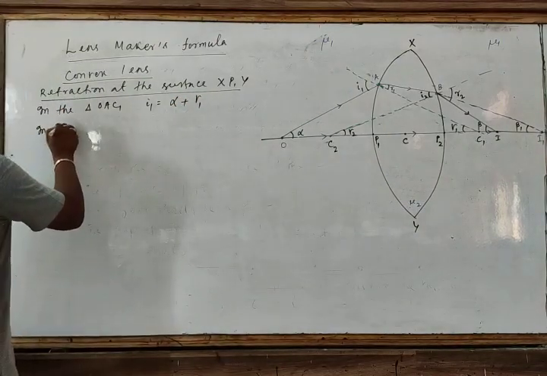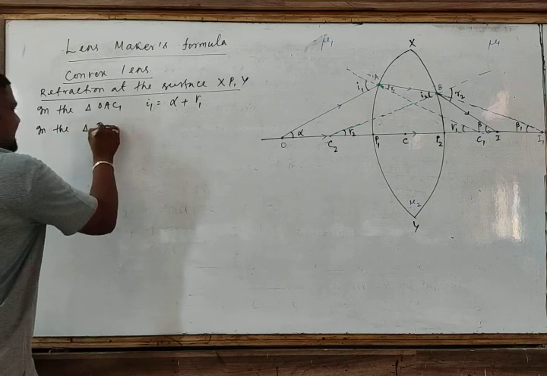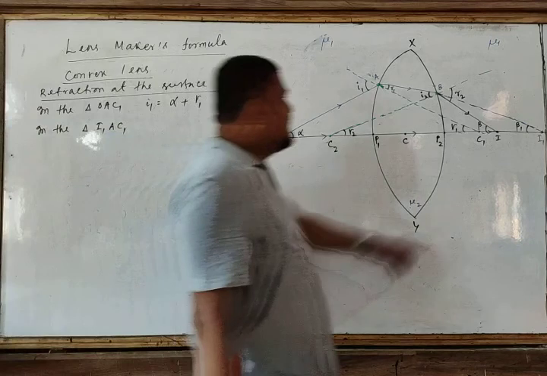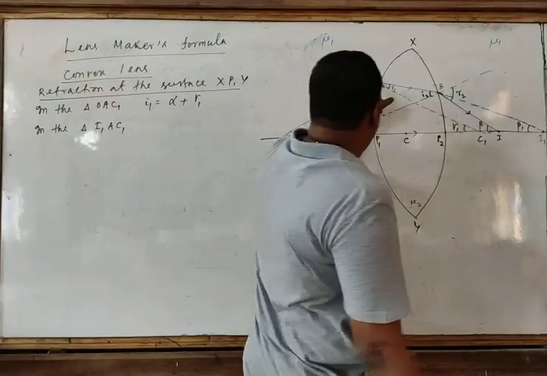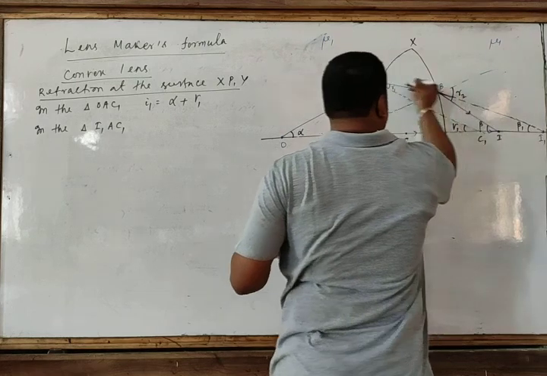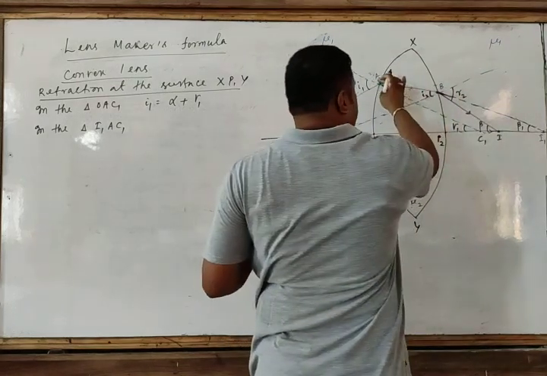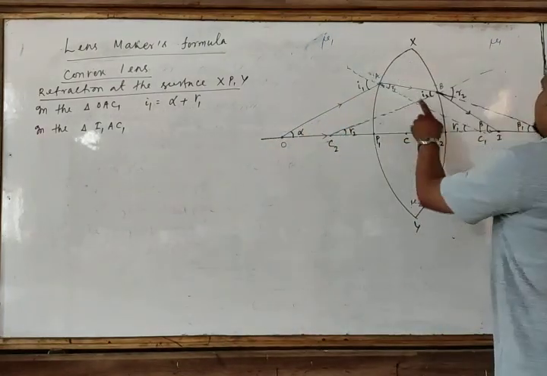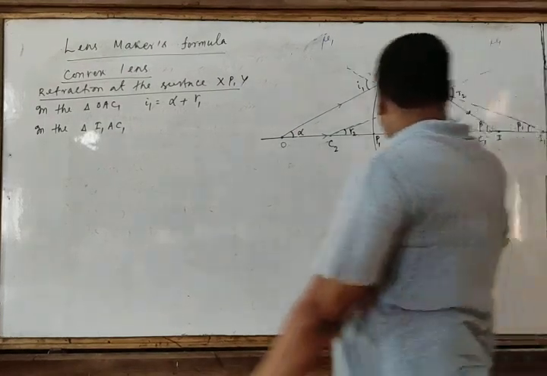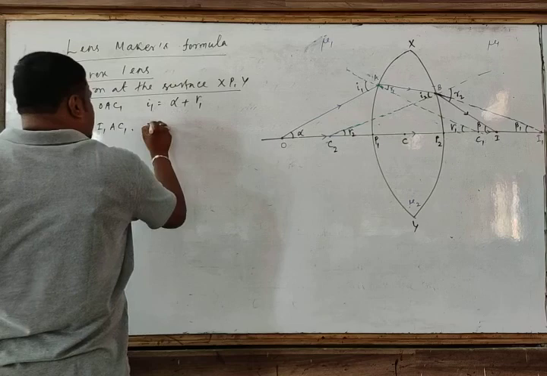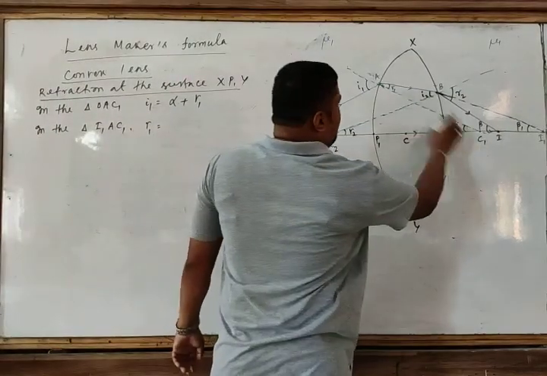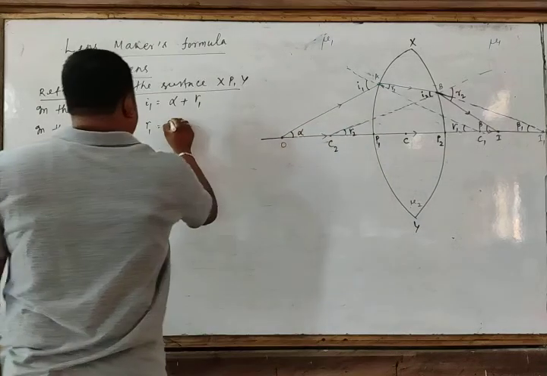Then in the triangle I1 A C1, gamma 1 is equal to R1 plus beta 1.